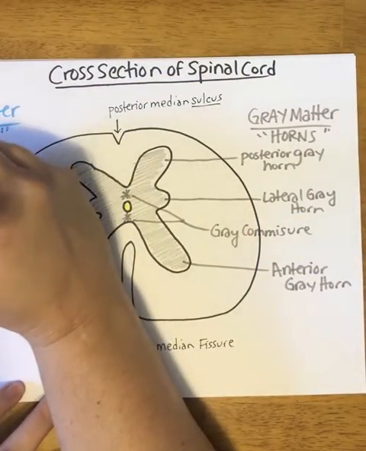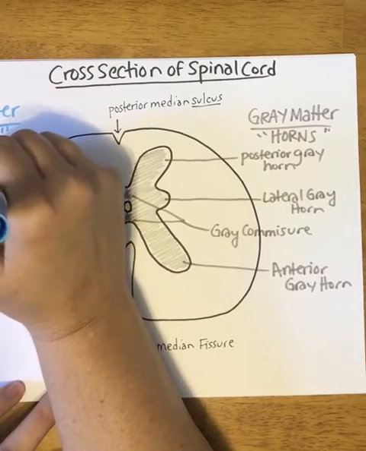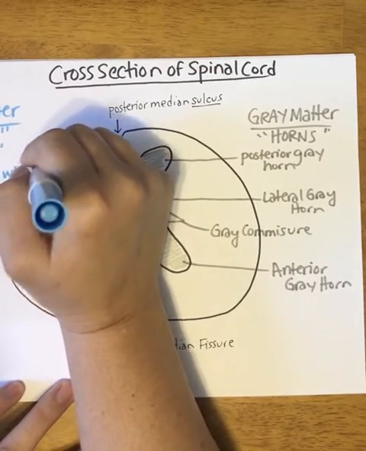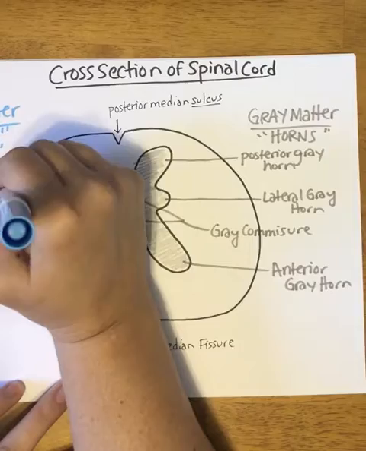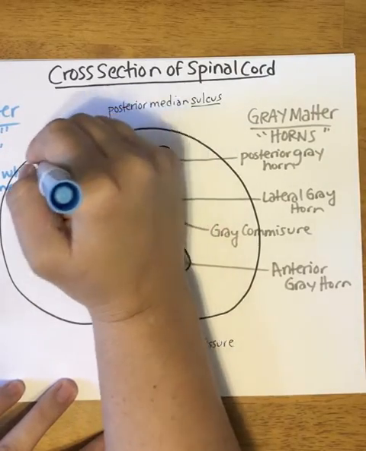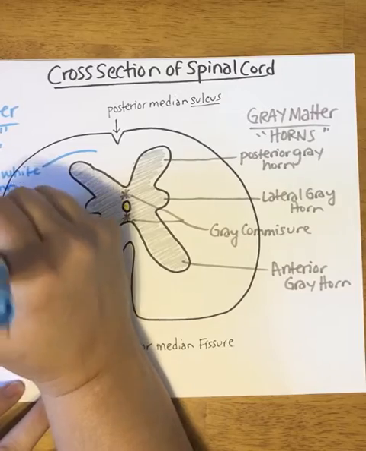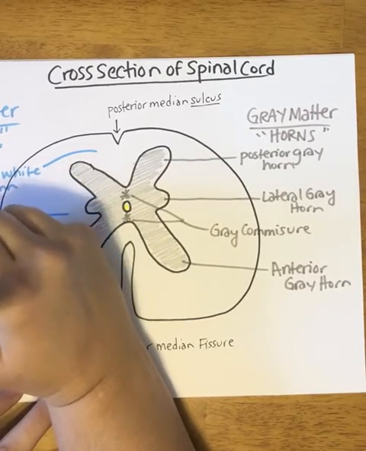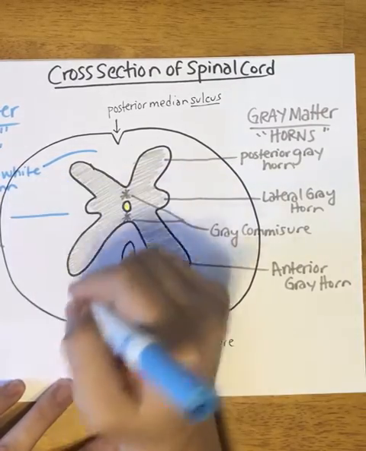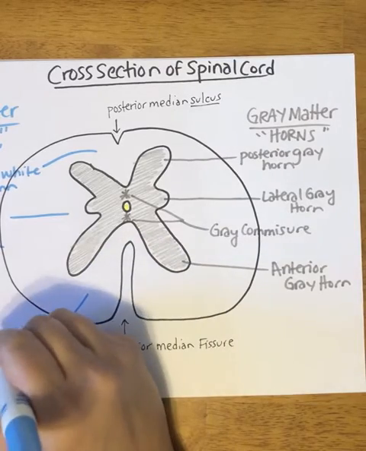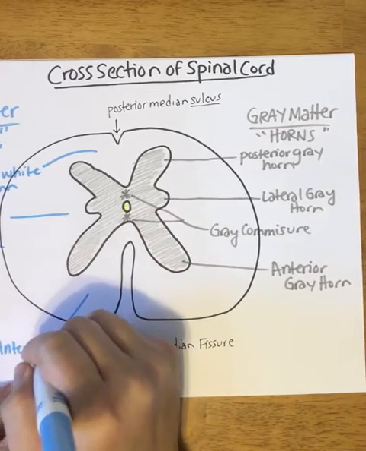So this would be your posterior white column back here. Here would be your lateral white column. And at the front, this would be your anterior white column.